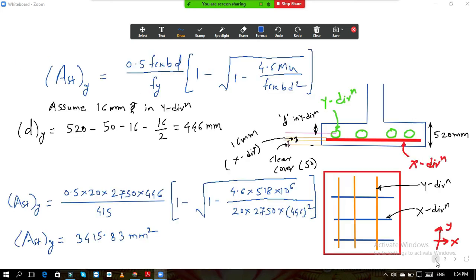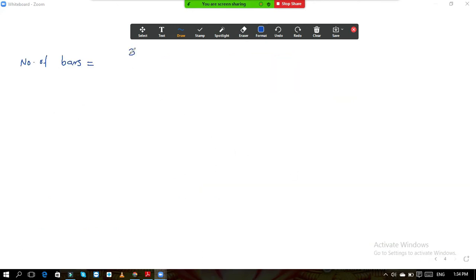So what steel is there? 3415.83 whole divided by pi by 4 into 16 square. So this will give you the number of bars. So again the number of bars are 16.98, which is nearly equal to 17 numbers.